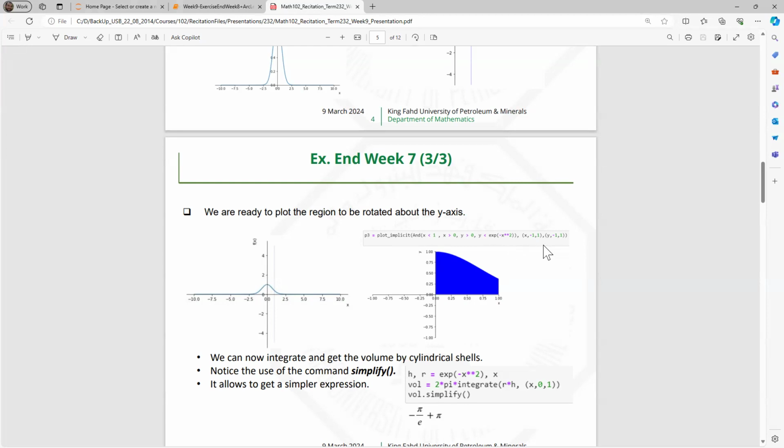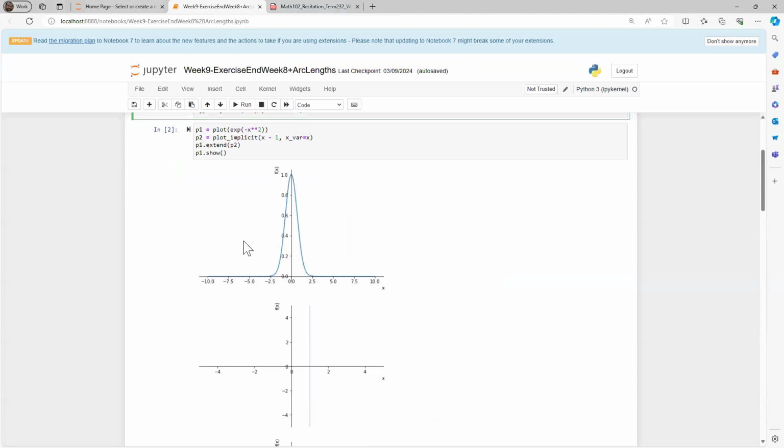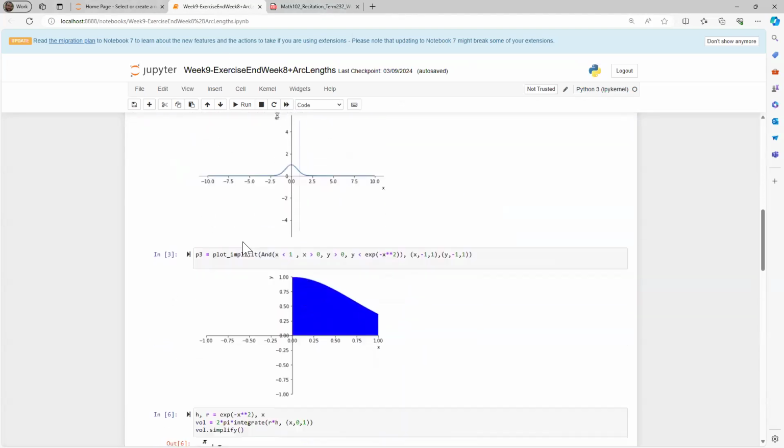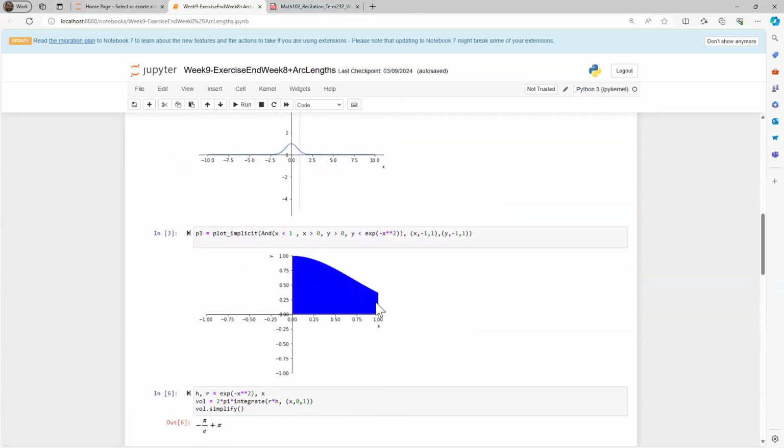And intentionally, we try to make x between -1 and 1, y between -1 and 1, and we'll get this shaded region. Here is our Python file, Jupyter Notebook file, to be more precise, and here is P3.